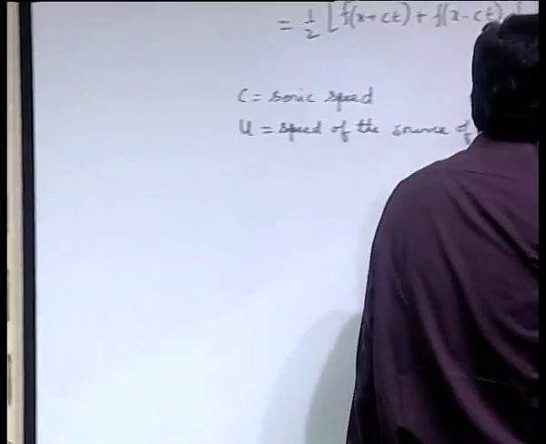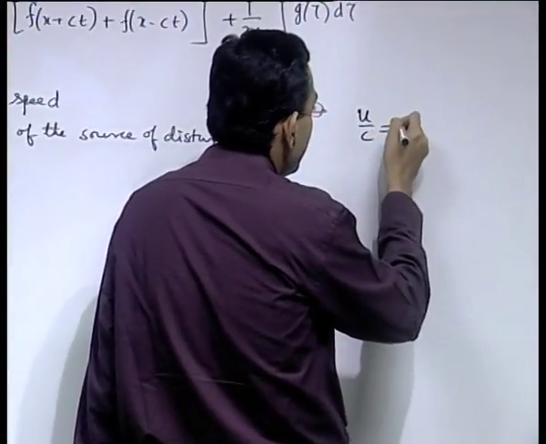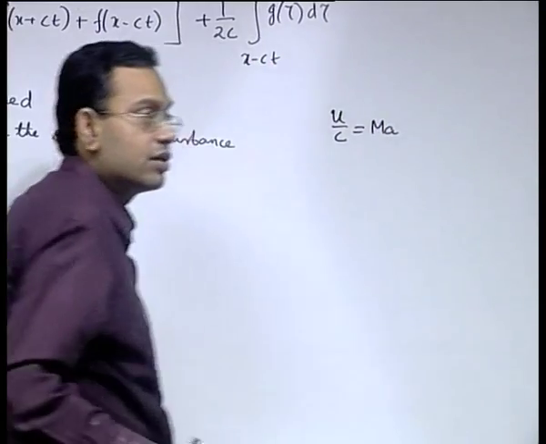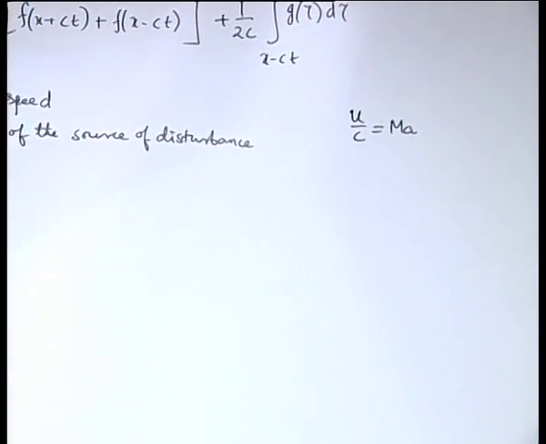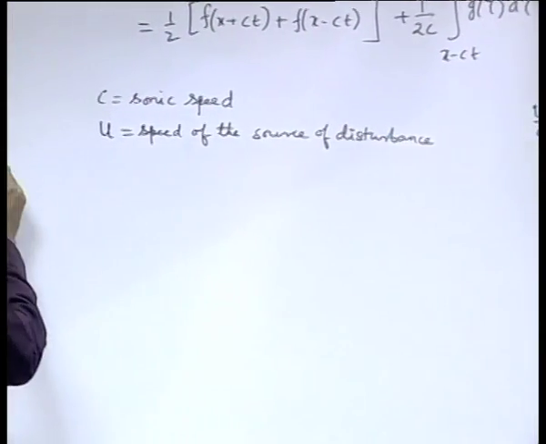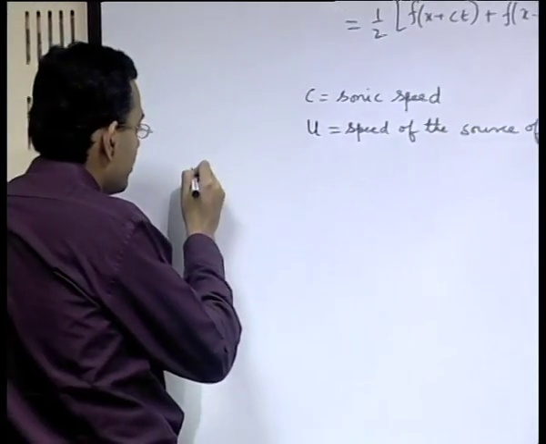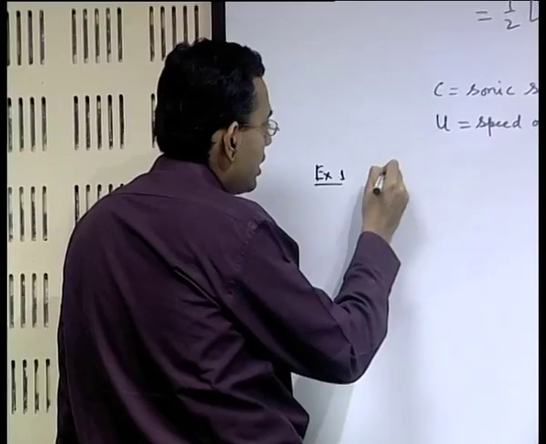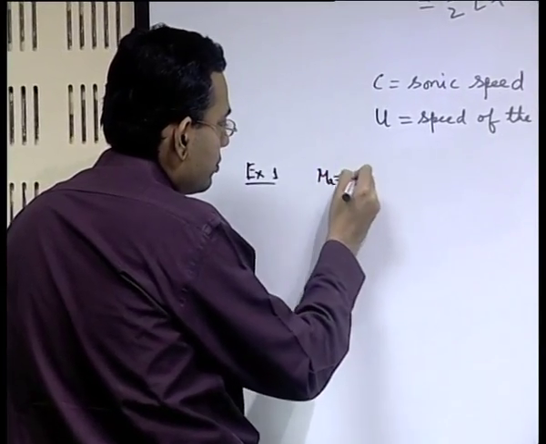We know that this u by c is known as the Mach number of the flow. Let us consider some examples. First example, let us consider Mach number equal to 0.